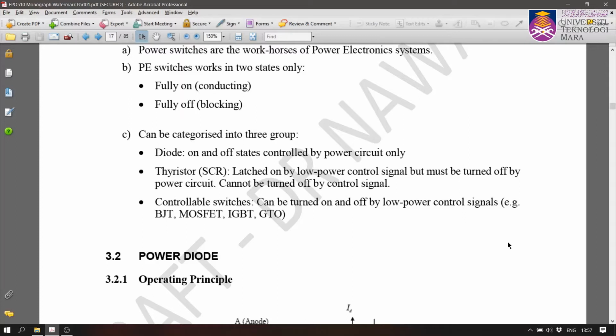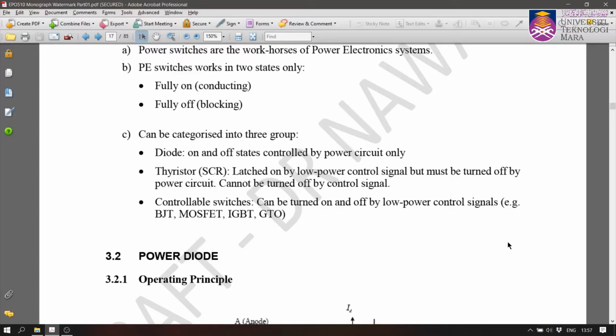Right, then we have the thyristor or silicon controlled rectifier. The thyristor is also known as a half controlled device, whereby you can only control the turn on of the thyristor. After it turns on, it latches and keeps on conducting the current.